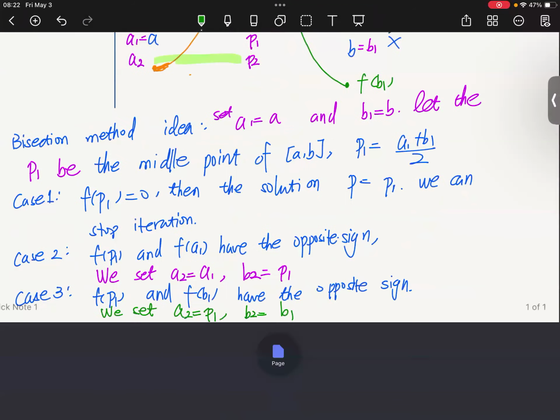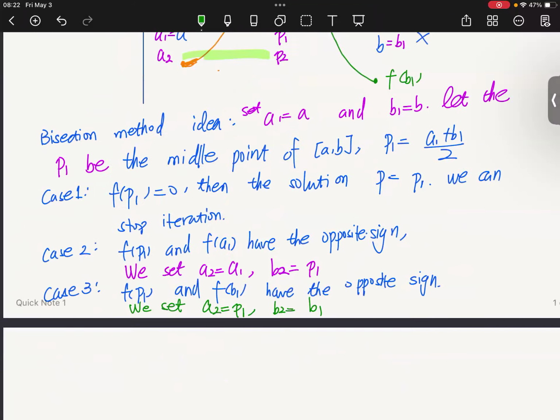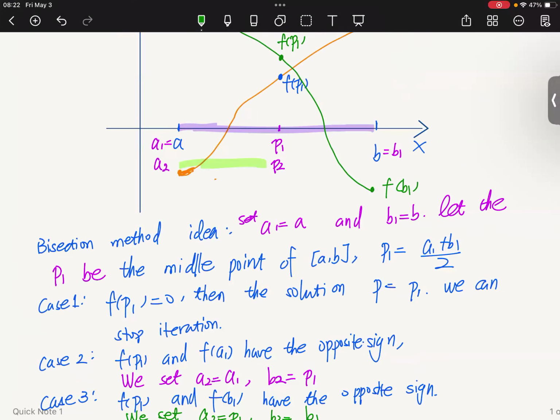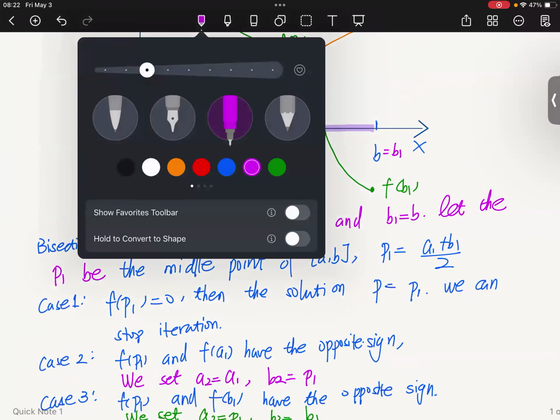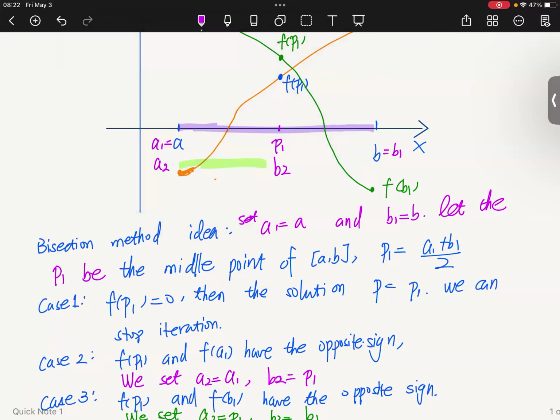So now you get a new A2 and B2. This is the new interval. I'm going to use the A index to indicate the left endpoint, and B is the right endpoint. So this is the new left endpoint and new right endpoint for this function f(x).